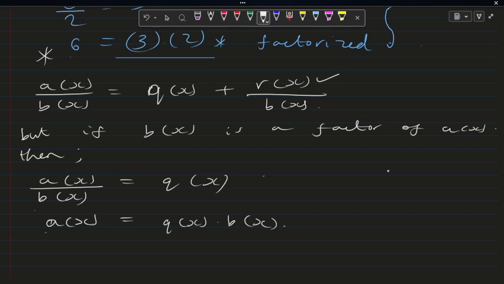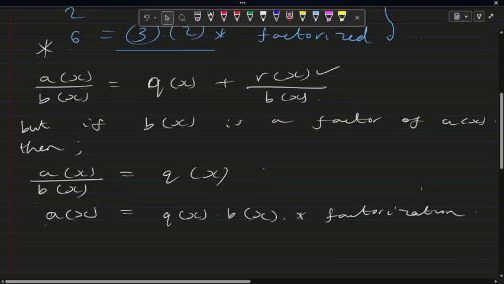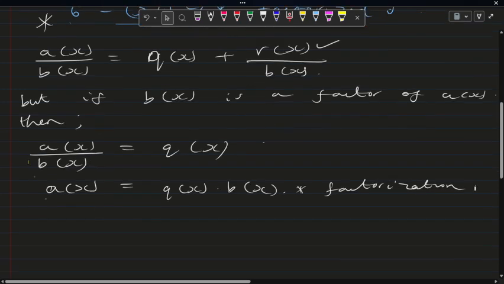So what I've done is I have expressed a of x as a product of its factors. This is what we call factorization.